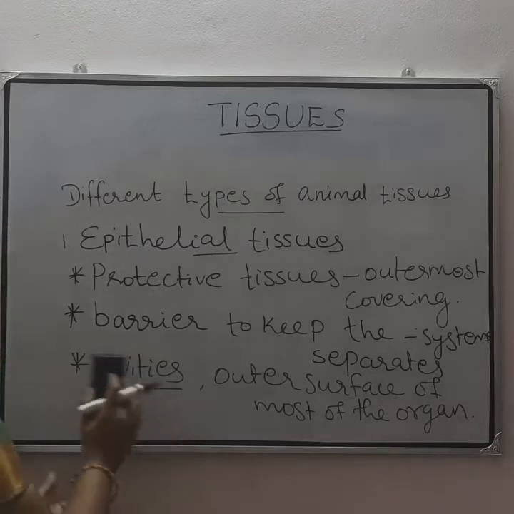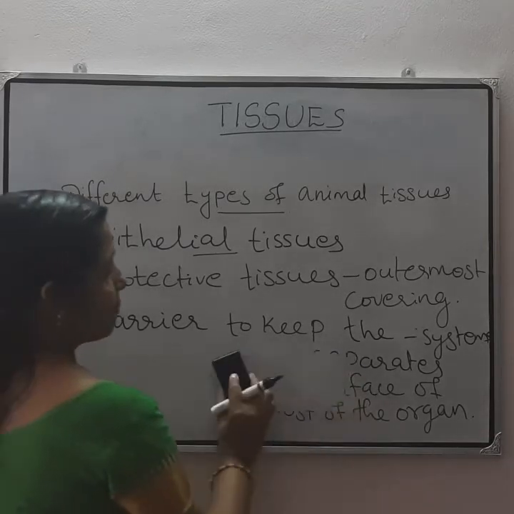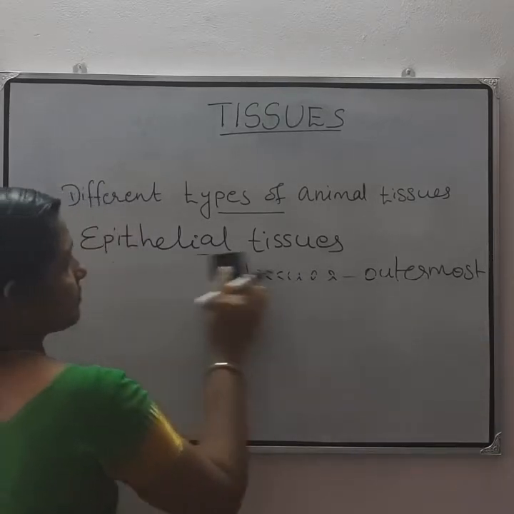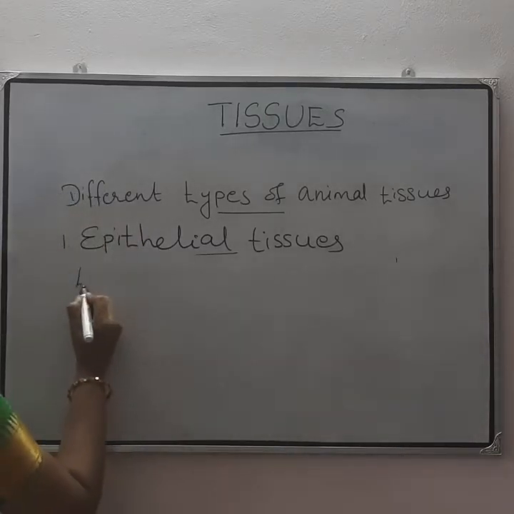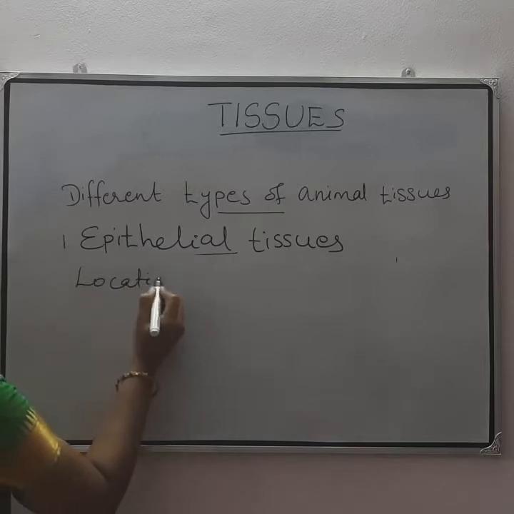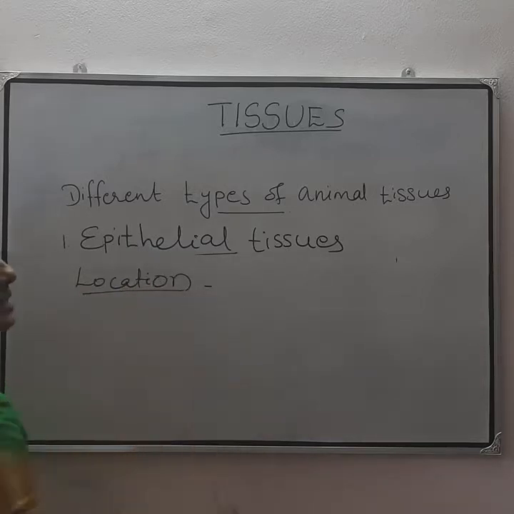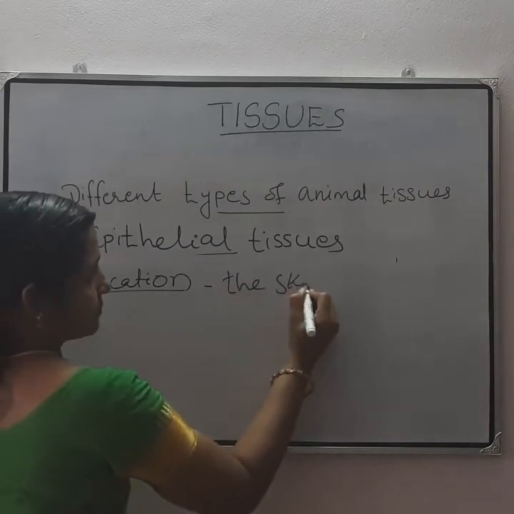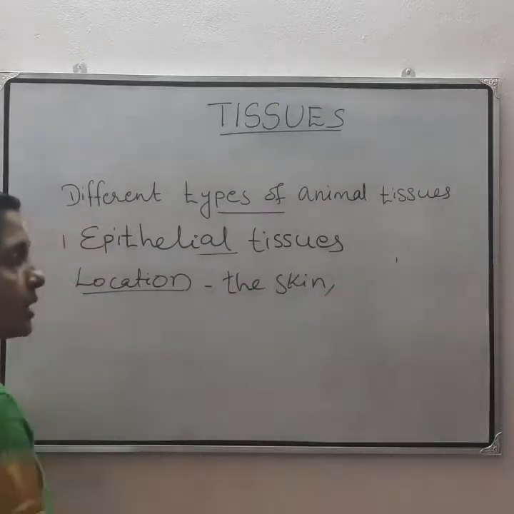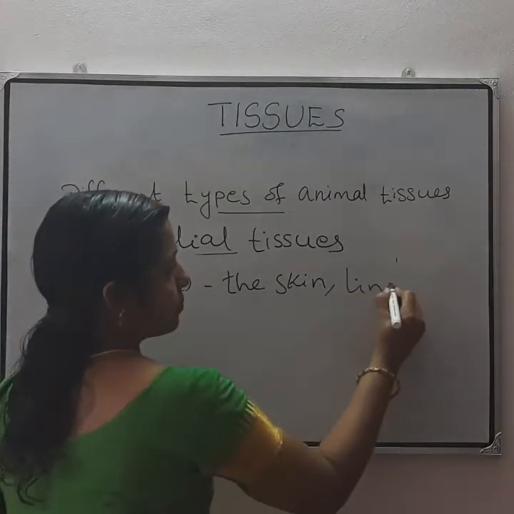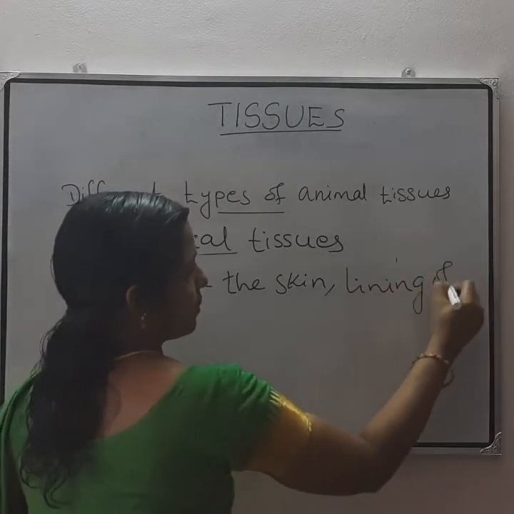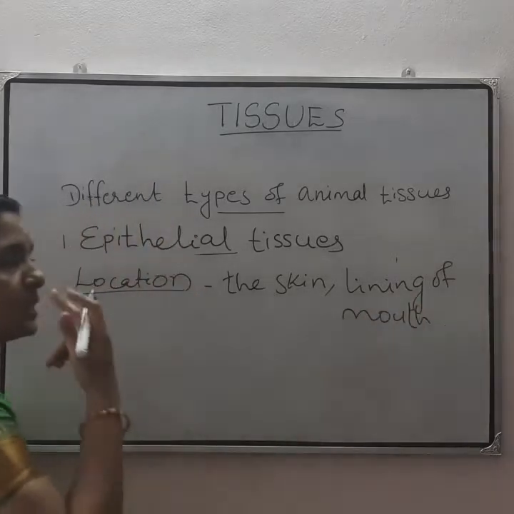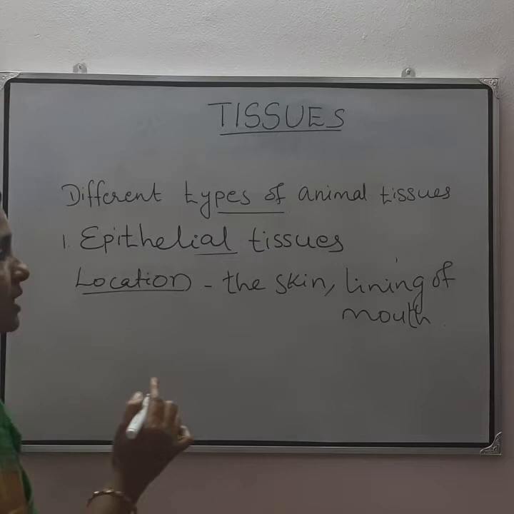Then where can we see these epithelial tissues? That is their location. Mainly we can see these epithelial tissues on the skin, and also the lining of the mouth. The inner lining of the mouth is also epithelial tissue.